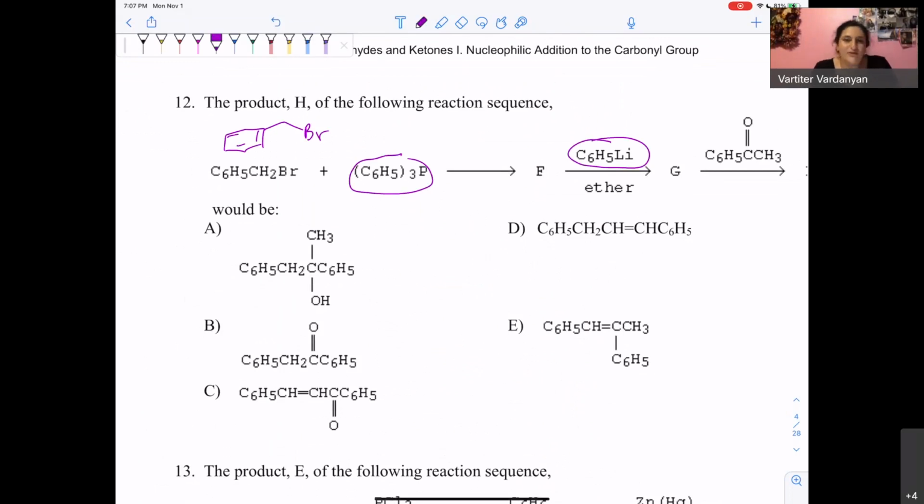When you use those two in order, we end up replacing this carbon bond with the bromine to a carbon that is double bonded to PPh3.